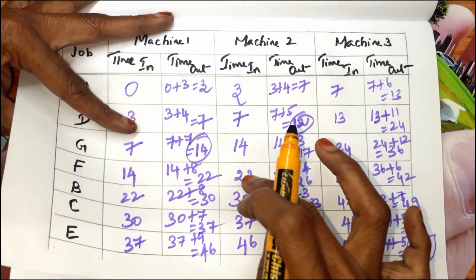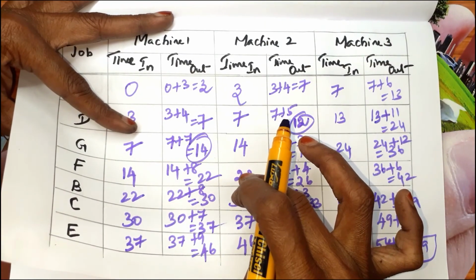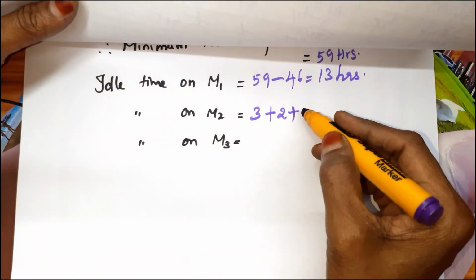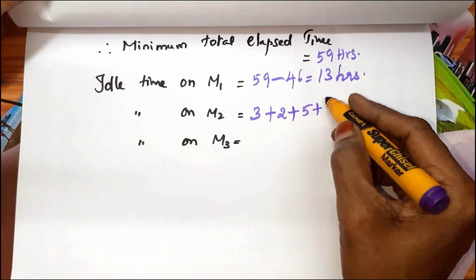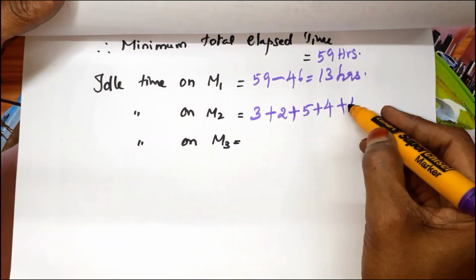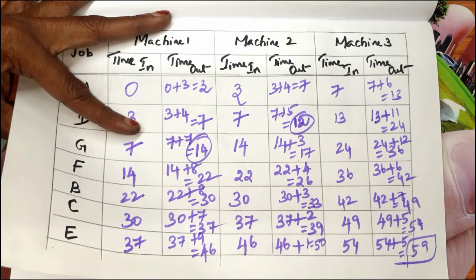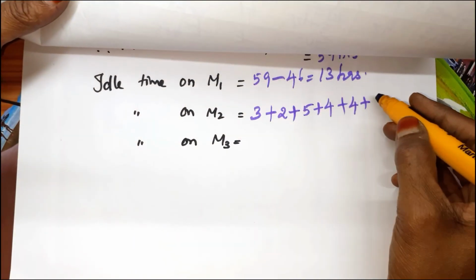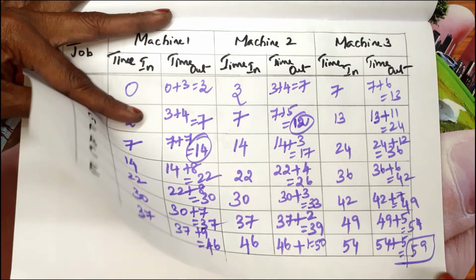And 17, 22. So 17 it finishes and at 22 it is starting back, right? So in between we have 5 hours. 26, 30. So 4 hours. And 33, 37. 4 hours. Plus 39, 46. So we have 7 hours. Plus 50, it gets over, but the total project will get over by 59, so 9 hours.